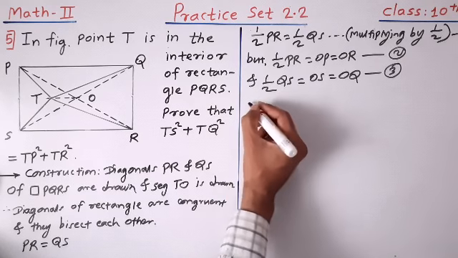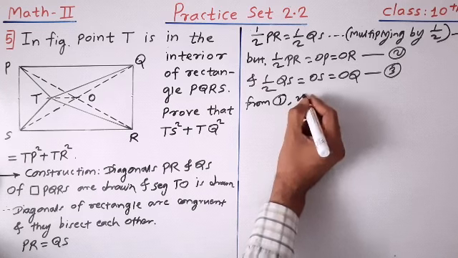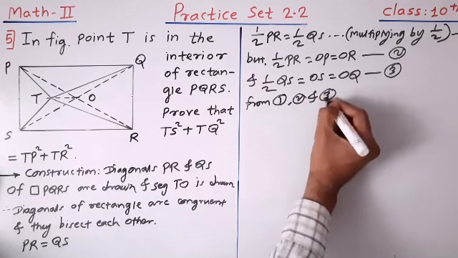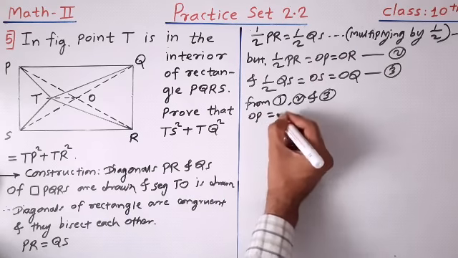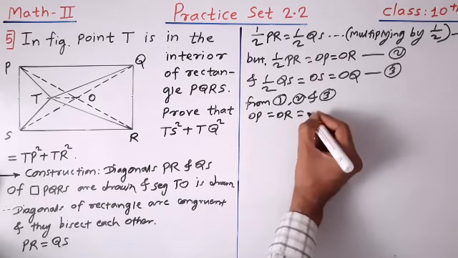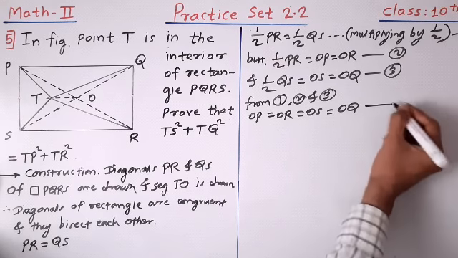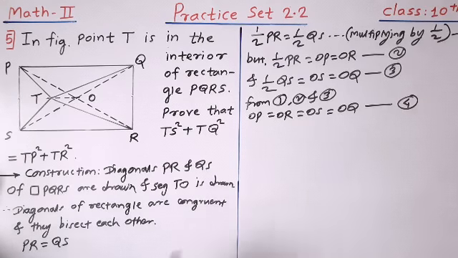These 3 equations give us the idea that OP is equal to OR is equal to OS is equal to OQ. Now give this equation number 4, as we are going to use this part later.